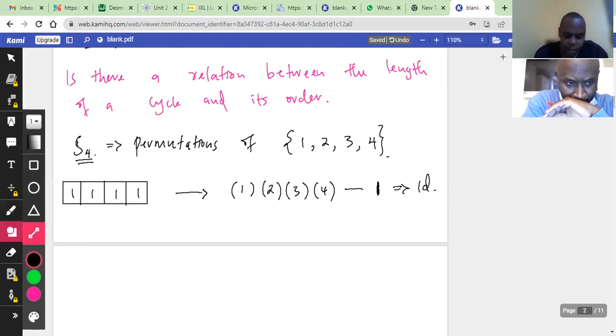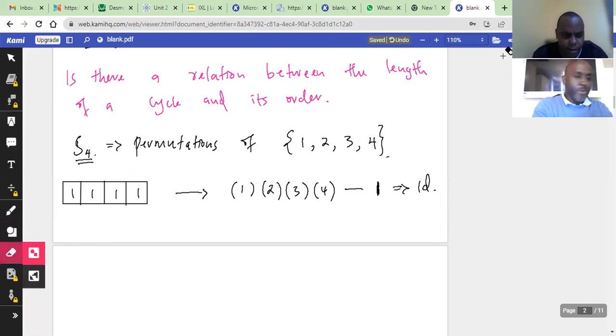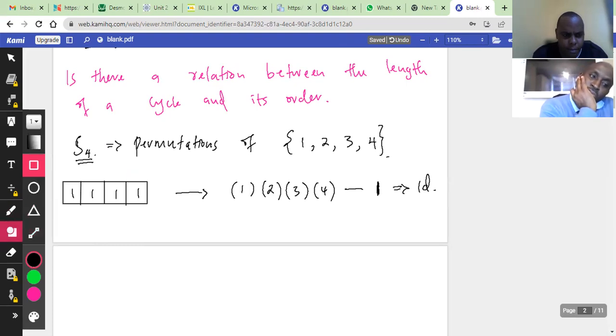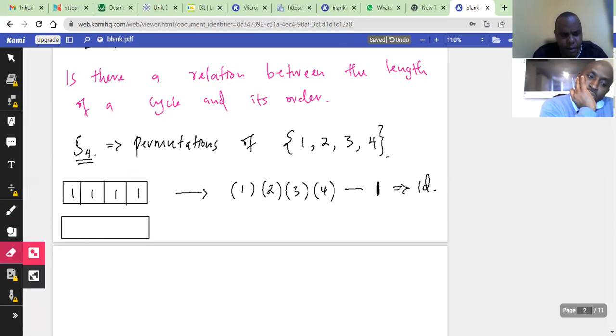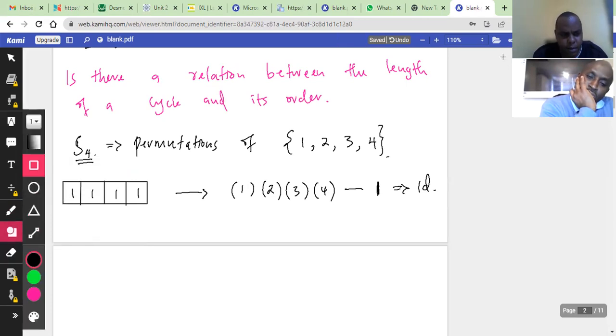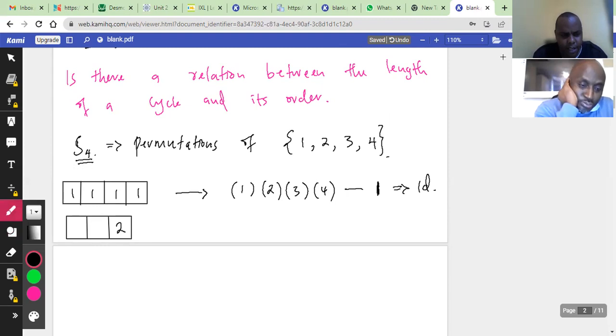Let's say I want to make another partition, with one word with one letter, one word with another letter, and a third word with 2 letters.